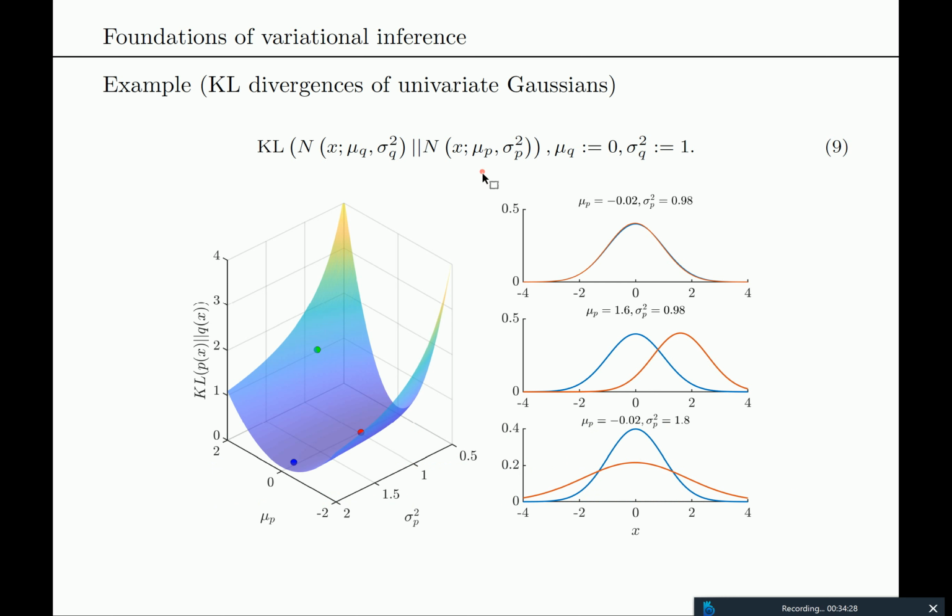It's larger than 0 if they are different. If they are more different, the KL divergence gets larger. If they are less different, the KL divergence gets smaller. Everything else depends on the specific densities one puts in, and it's hard to make general statements about.